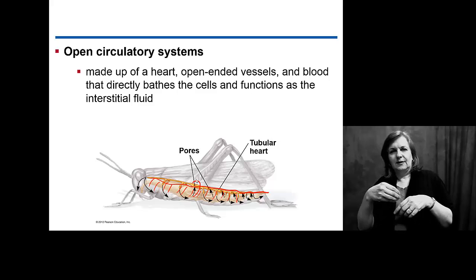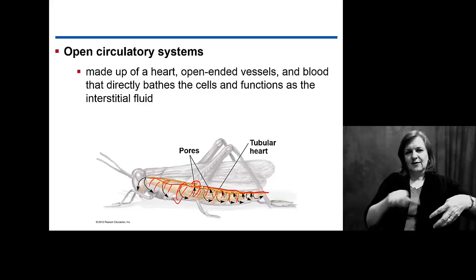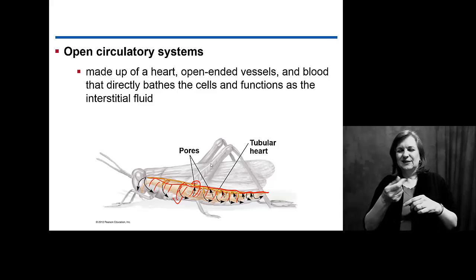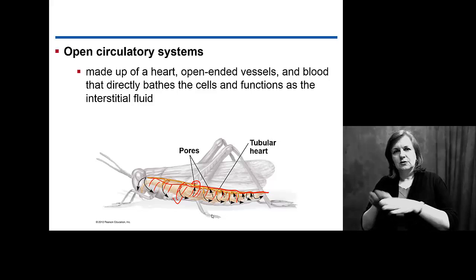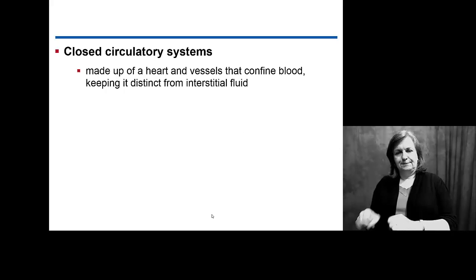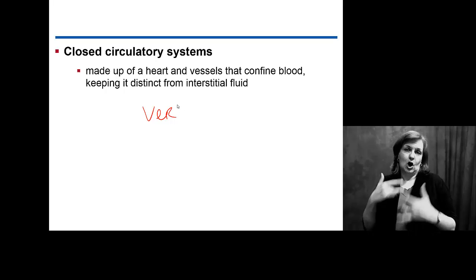And on the other side, it will suck in blood while this side is pushing out blood. And you get a bit of a circulation, but what we see is it's not contained like it is in you. You have a closed circulatory system where everything is maintained in blood vessels in your heart and so on.